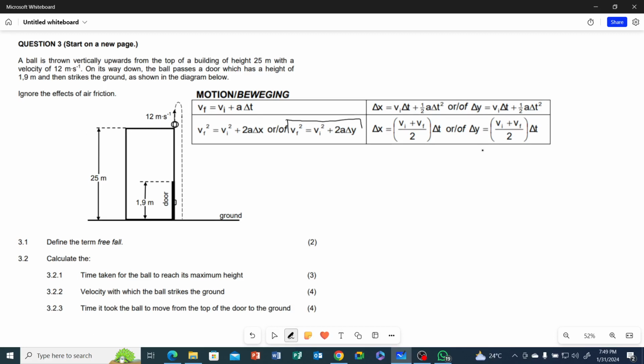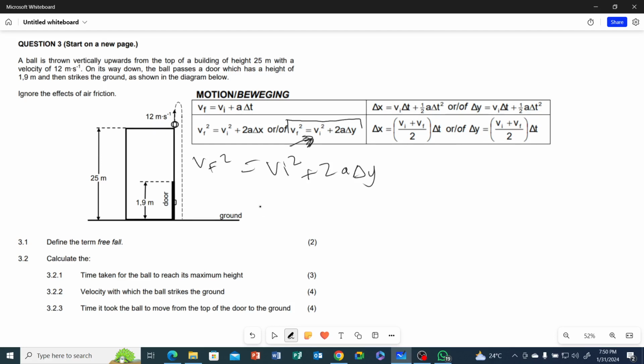All right. The first thing is to check what we already have, guys. Since the question wants time, some questions are not straightforward. You need to solve for an answer before you can get your time. In this case, I'm going to choose this one. So we have Vf squared equals Vi squared plus 2a delta y.